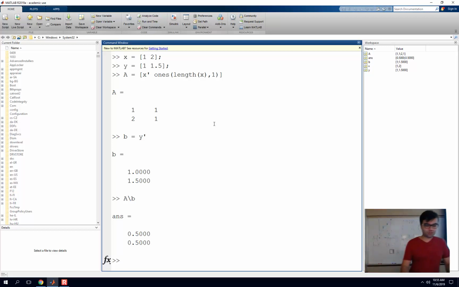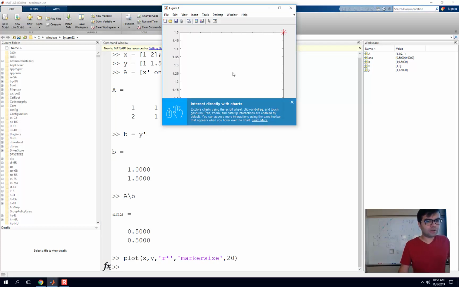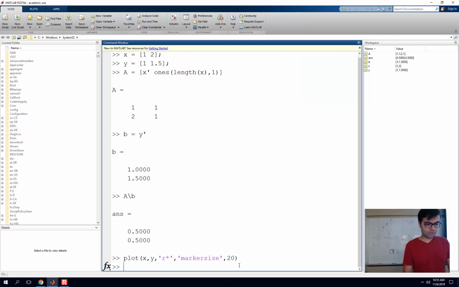Let me first do this. Plot x comma y comma red asterisk, and then I'll change my marker size. I want it to be big, to be 20. And let me also change my axis so you can see the values.